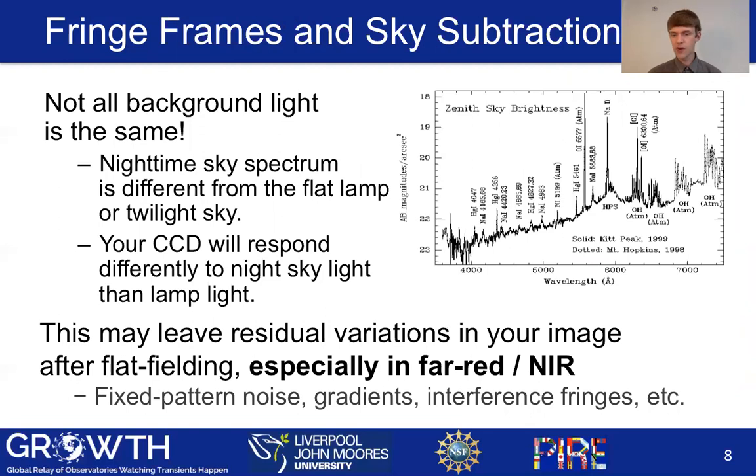In contrast, one other effect that you will encounter from the ground and can be very important is fringe correction and sky subtraction, which are related steps that need to be done for observations for which the sky is particularly bright. This arises from the fact that while we do flat field observations to remove pixel-to-pixel variations, the pixel-to-pixel variations in quantum efficiency are in fact a function not only of the pixel, but also of the wavelength.